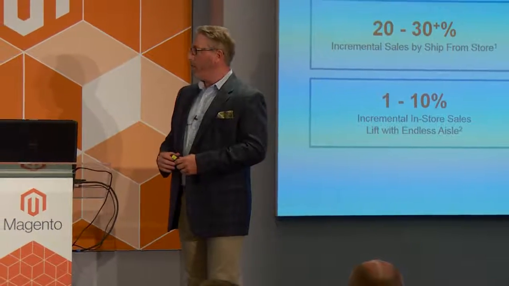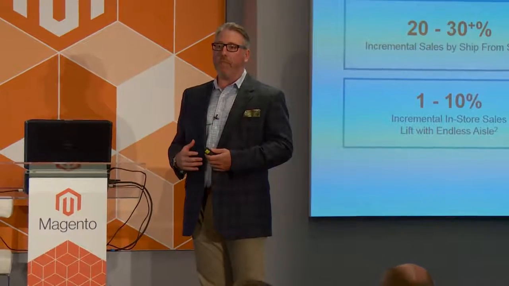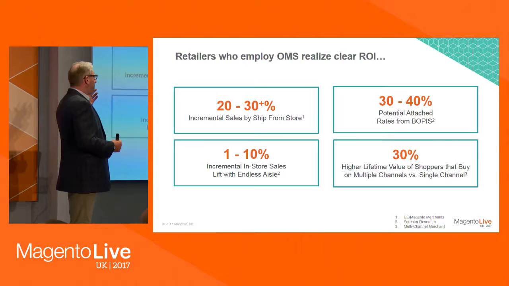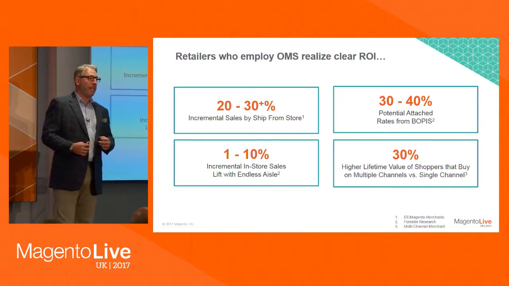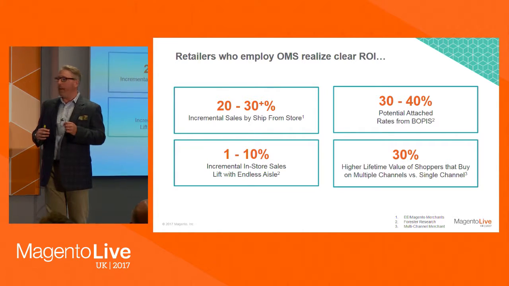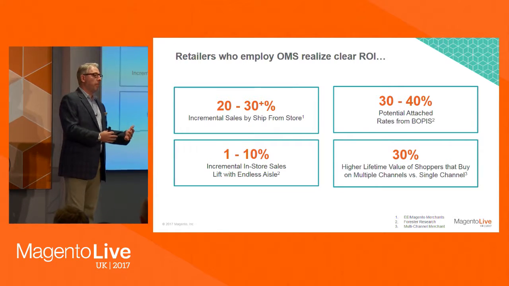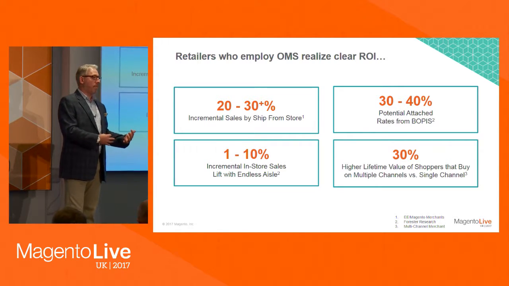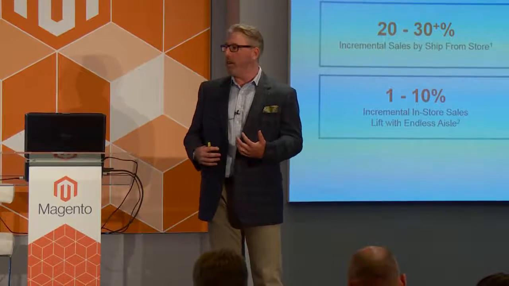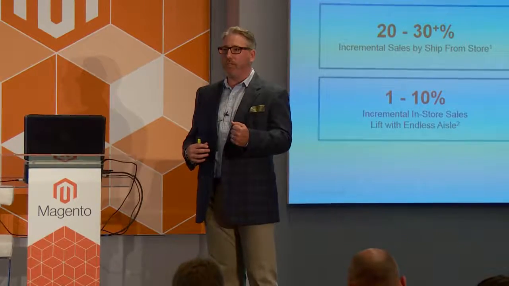Then, what can be transformative if done correctly is endless aisle. Forrester stats say you could see 1 to 10% incremental chain sales if you do an endless aisle or save the sale program. So that's taking that traffic that is coming to your store, probably had intent to buy something, can't seem to find the right product, whether it's a size or a color, but they really have intent to buy, and they can't find it in that store.